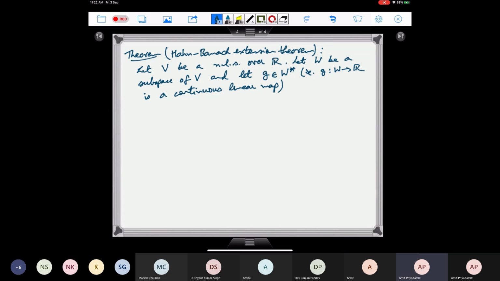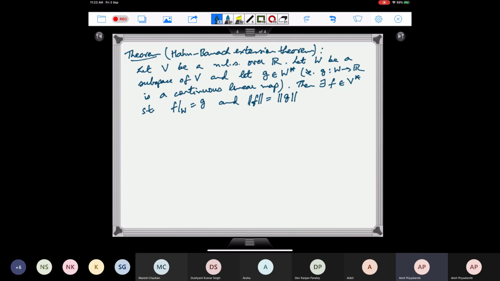So if we have any continuous linear functional on W, then this can be extended to the whole of V. So then there exists F in V star such that F restricted to W is the same as g, and also the norm of F is the same as the norm of g.